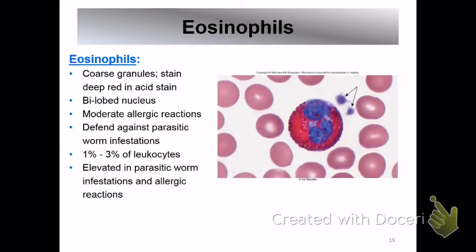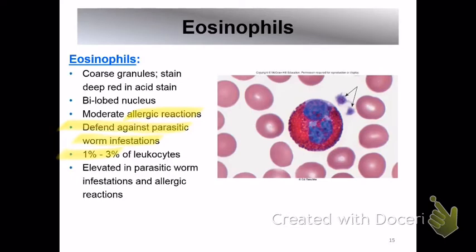Okay, the next one we're going to look at is eosinophils. They have the granules. They look sandy, right? They have bilobed nuclei. They do moderate the allergic reactions. So let's highlight allergic reactions. This is what you want to highlight for sure. They defend against parasitic worms.